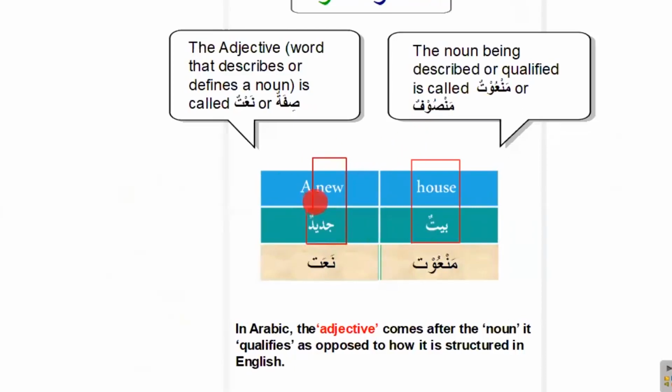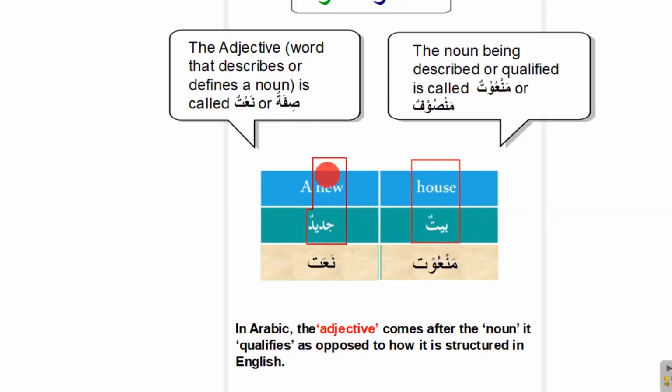Observe here. For example, if you have this phrase in English, a new house, you can observe that this word new is an adjective, right? And this house is a noun that is qualified by this adjective.